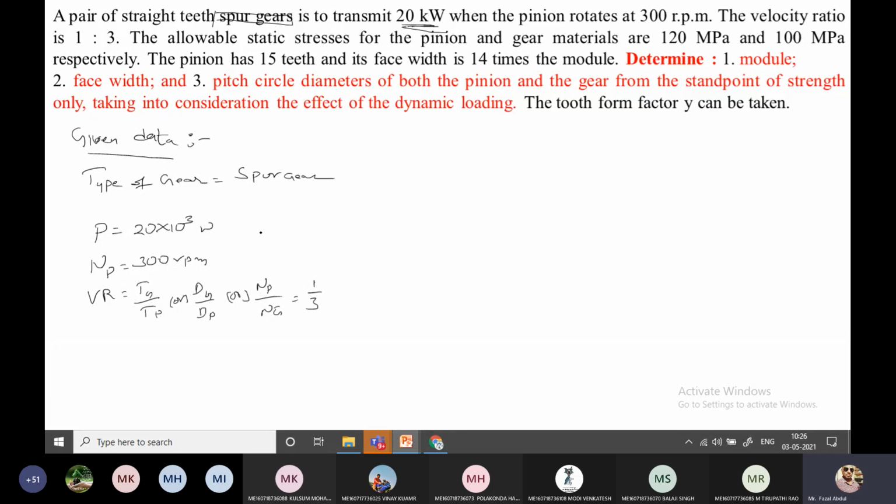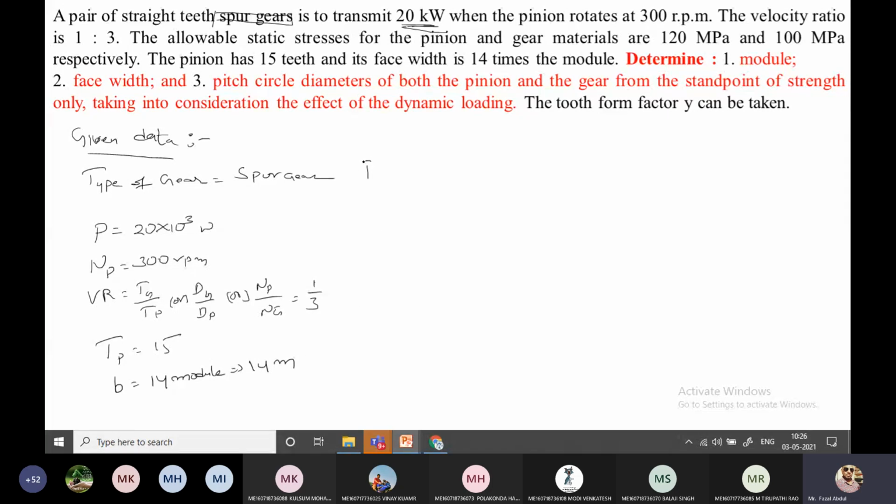Okay. Now another one, pinion teeth is given as 15 teeth and its face width B is given as 14 times the module, nothing but 14 m. Don't confuse, Babu. 14 m means not 14 meters, 14 modules.